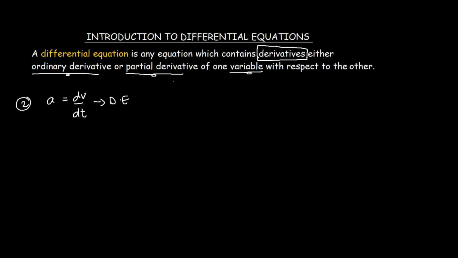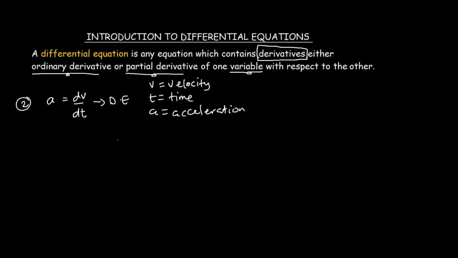And we know any equation that contains a derivative is a differential equation. So what you have here is also a differential equation. Let's take note of this. The v here is velocity, t here is time, a here is acceleration.